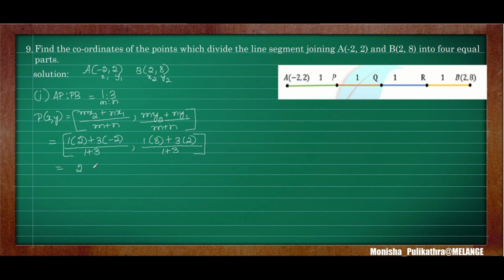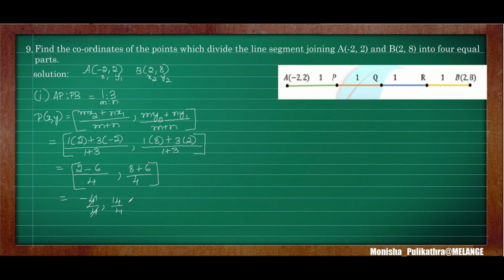So it is 2 ones are 2, plus into minus minus, 3 twos are 6, whole divided by 1 plus 3, 4. Next is 8 plus 3 twos are 6, 1 plus 3, 4. So here we will get 2 minus 6 is minus 4. So minus 4 divided by 4, comma 8 plus 6 is 14 divided by 4.